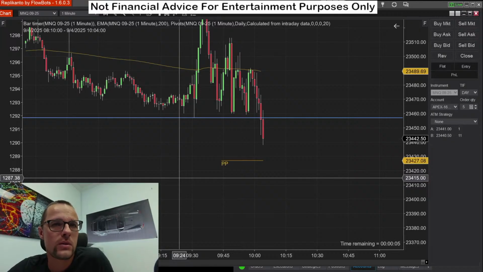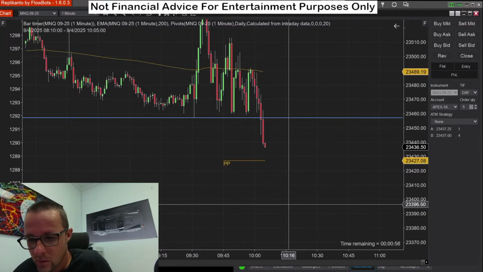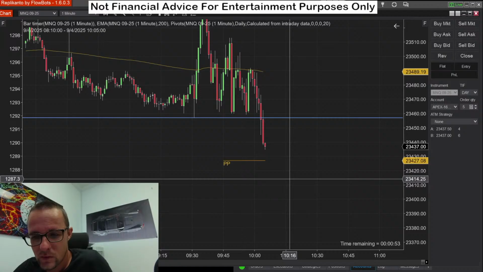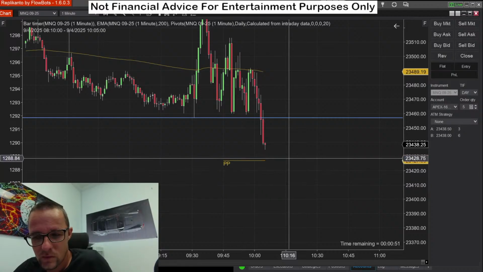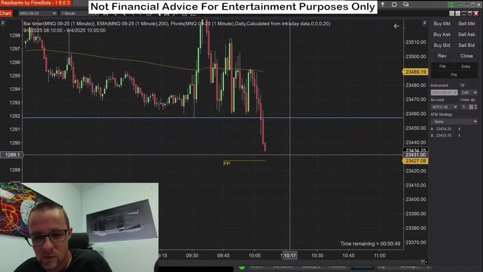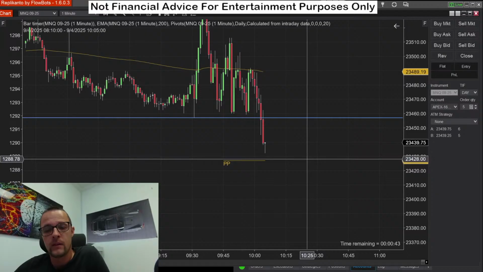May want to take out those 431 lows. Where's 431? Oh, pretty much right at that pivot point. So, we'll see.